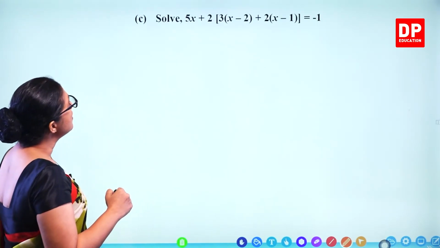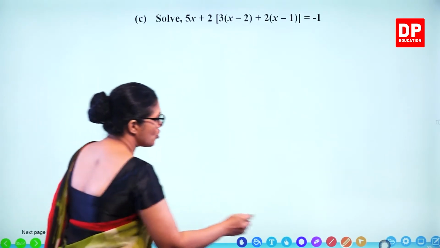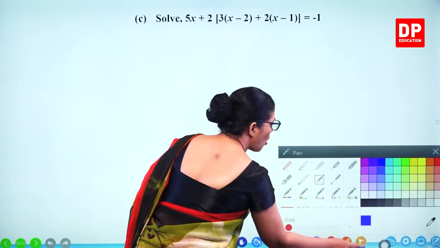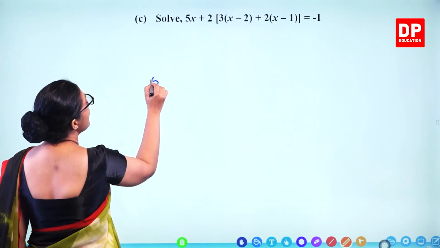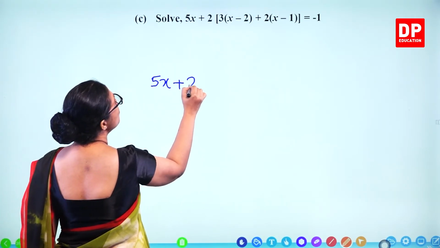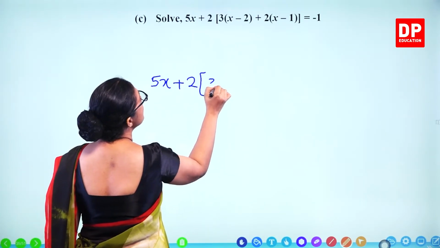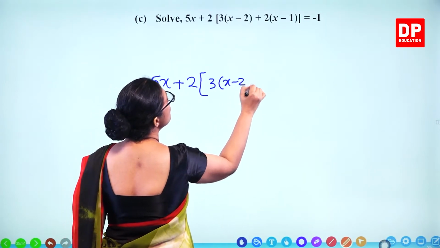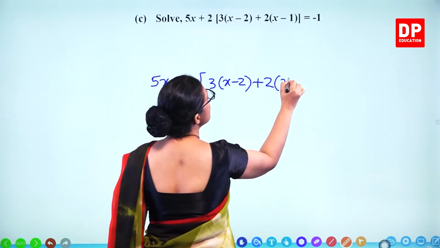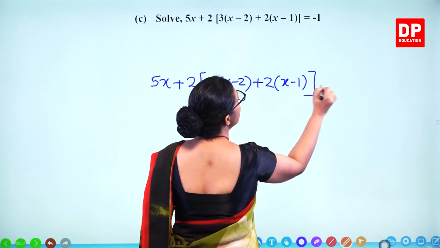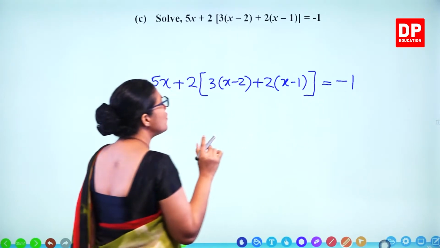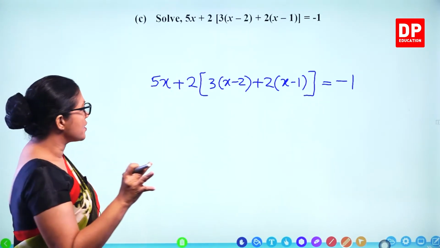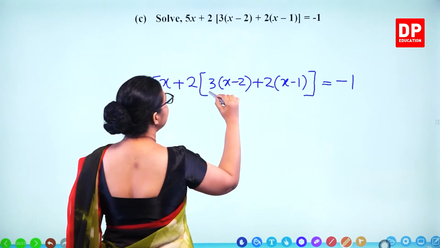Next question, another equation. So, you need to solve that. 5x plus 2, then there's a bracket. 3 times x minus 2 plus 2x minus 1 is equal to minus 1. So, we'll do brackets first according to BODMAS.